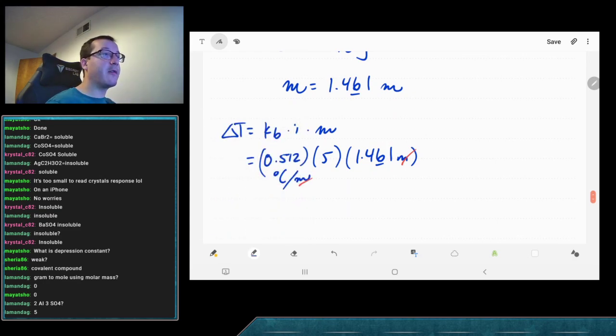Let me do the math for us. Times 0.512. Times 5. Wait a second, this doesn't seem right. Oh, I see. There we go. So I got 3.74, let's say, degrees Celsius.